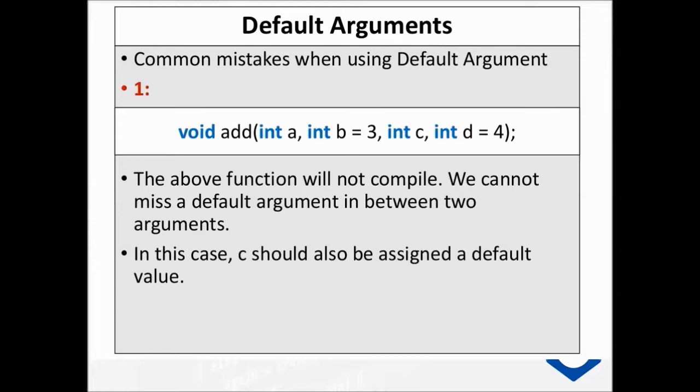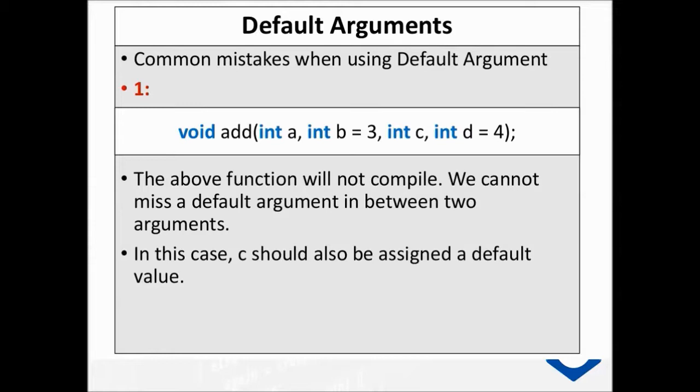So here are some common mistakes when we're using default arguments. The first one is when we write a function as void add(int a, int b = 3, int c, int d = 3). What is wrong with this function definition is that it will not compile. We cannot miss a default argument in between two default arguments.